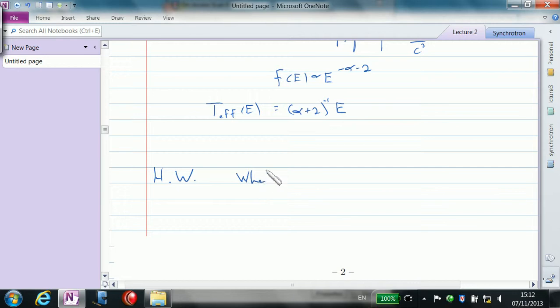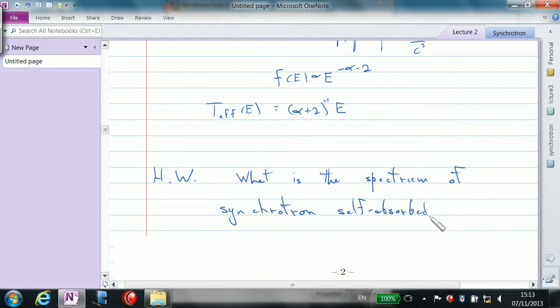What is the spectrum of synchrotron self-absorbed photons when n of E dE is proportional to E to the minus alpha dE?